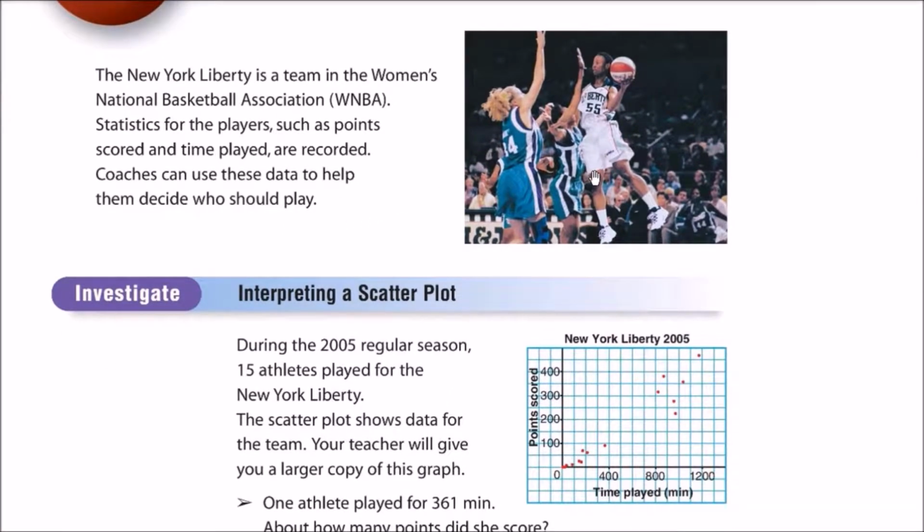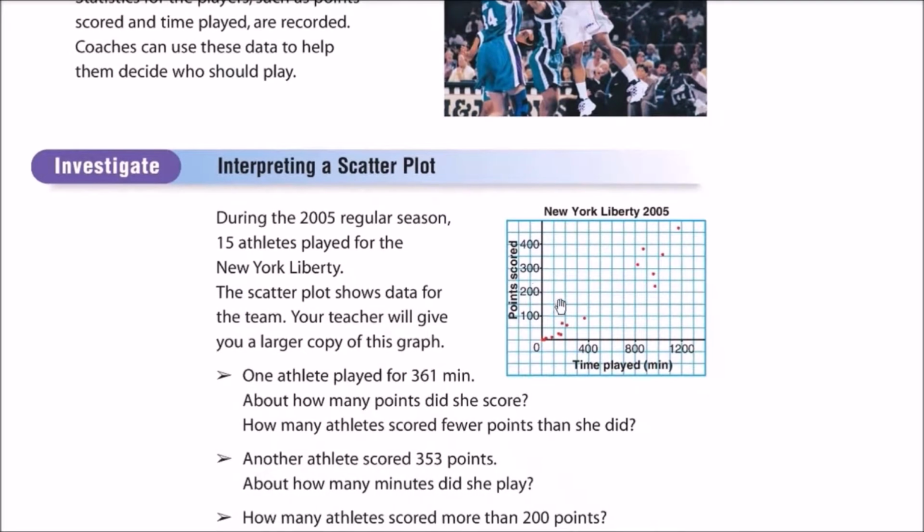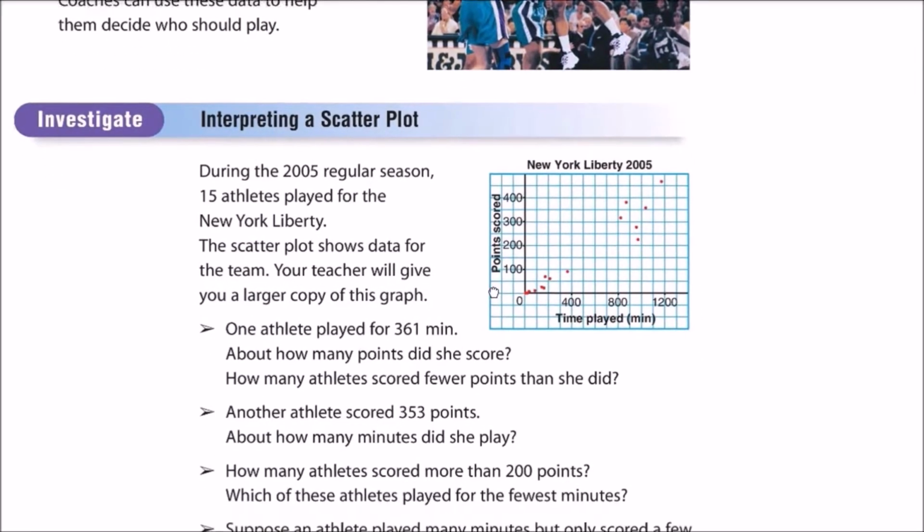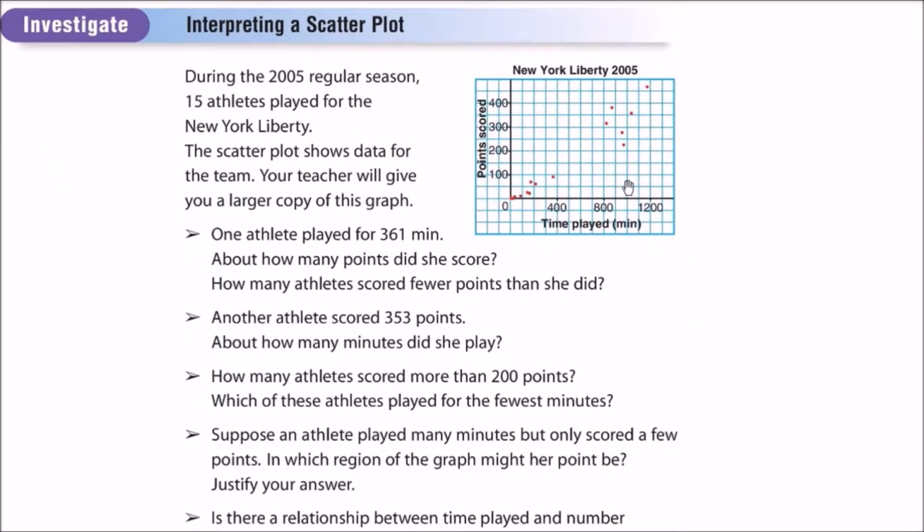There is a team, the New York Liberty, in the WNBA to be more precise. The statistics of the players, such as the points scored, are recorded, and this data can be used to decide who should play, who is scoring more, or who is a consistent player. So to interpret a scatter plot like this, consider that during the 2005 regular season, 15 athletes played for the New York Liberty.